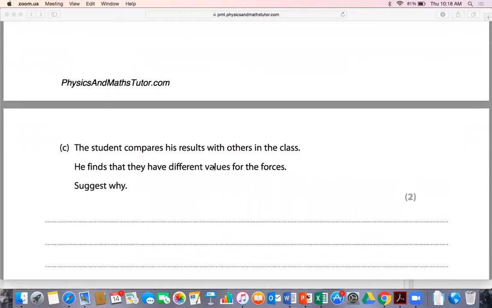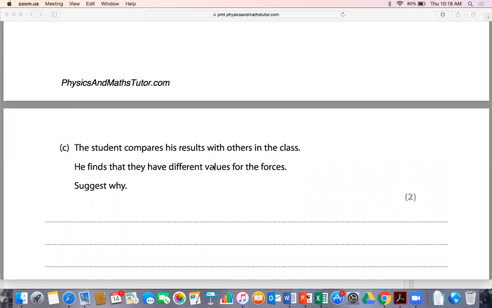Different length, some may have pulled on top of a table. They put on the table, so different weights, and maybe different surfaces, not the same size of wood, different length of wood.